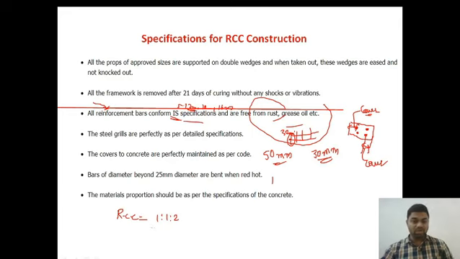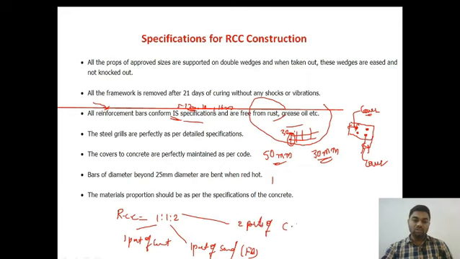What does this 1:1:2 mean? It means 1 part of cement should be mixed with 1 part of sand or fine aggregate and 2 parts of coarse aggregate. We have to maintain this as in the detailed specification. So the material proportion should be as per the specification of the concrete.